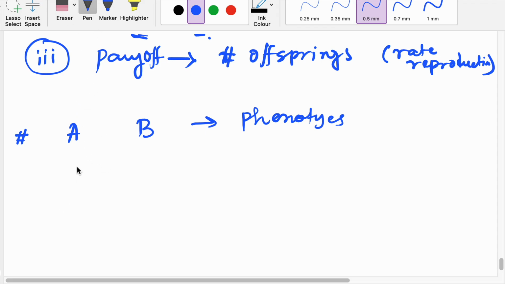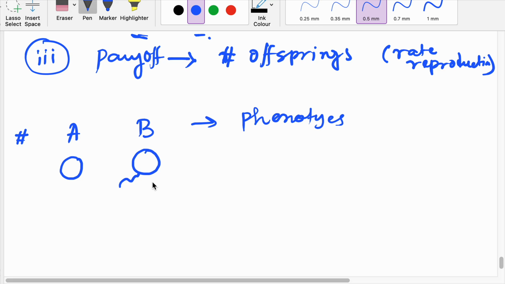Suppose there are two phenotypes of some bacteria. Suppose A has no flagellum so it cannot move, and B can move from one place to another place. So since A cannot move and B can move, B has to incur some cost, but since B can move, B will also get a benefit.